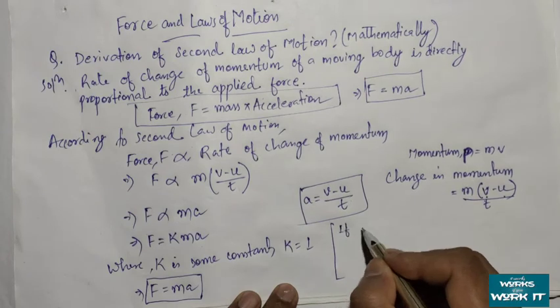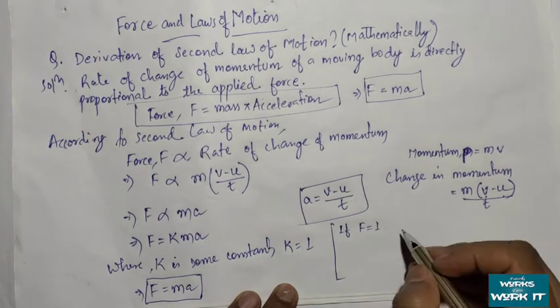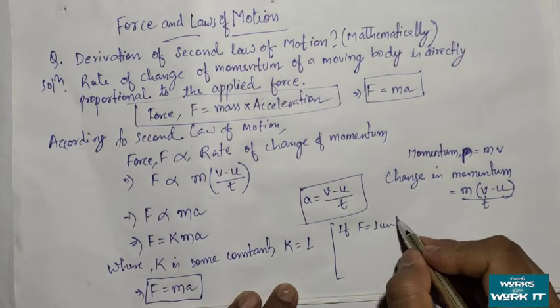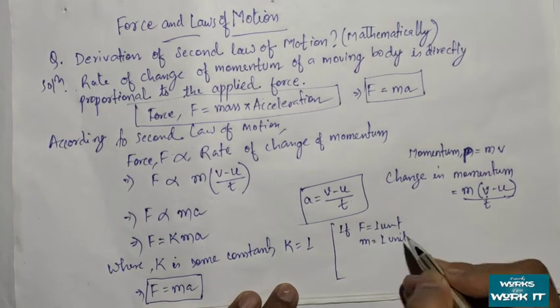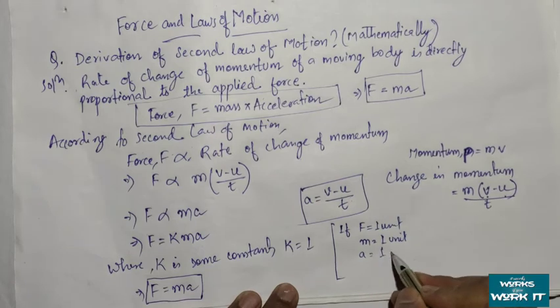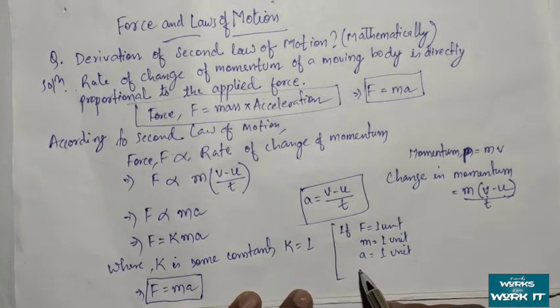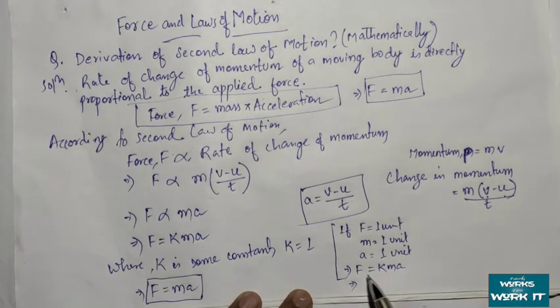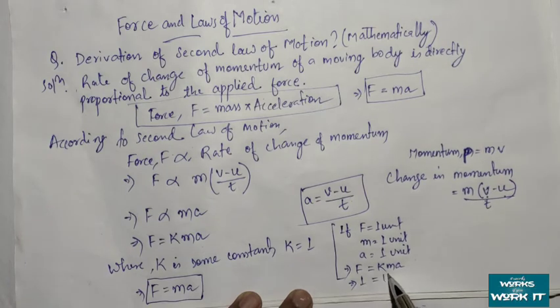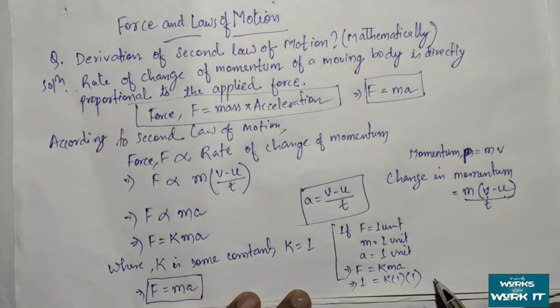Suppose force is equal to 1 unit, mass is also 1 unit, and acceleration is also 1 unit. Using the formula we have got, F equal to kma, we are getting here F is 1, m is also 1, and a is also 1.